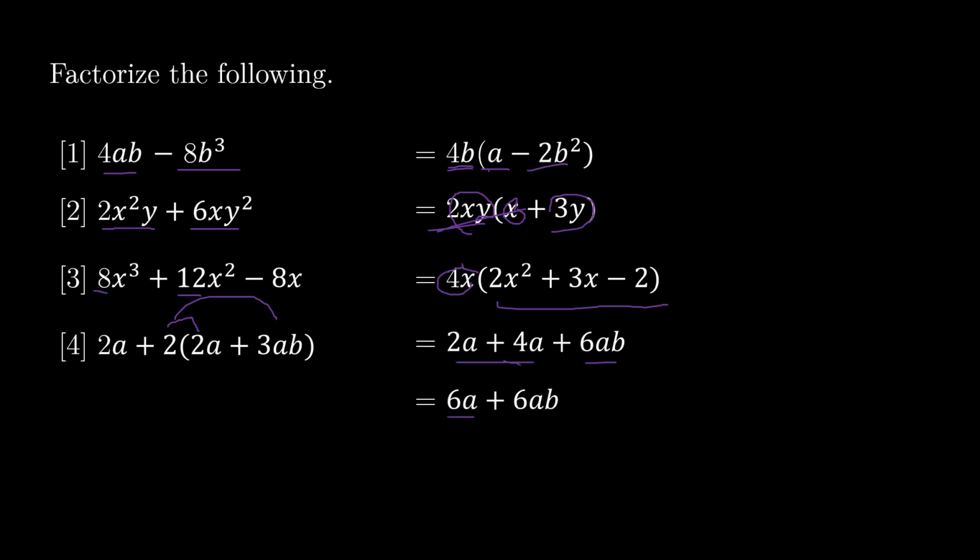After combining the similar terms, 6a and 6ab are now totally different terms. So that's the time we factorize this one. What is the GCF of 6a and 6ab? Obviously, that is 6a. 6a is common to both terms. So we have 6a times 1 plus b. This is our factored form.